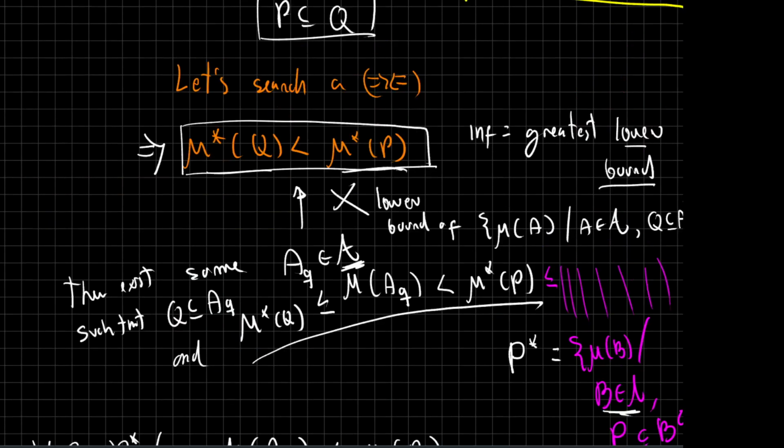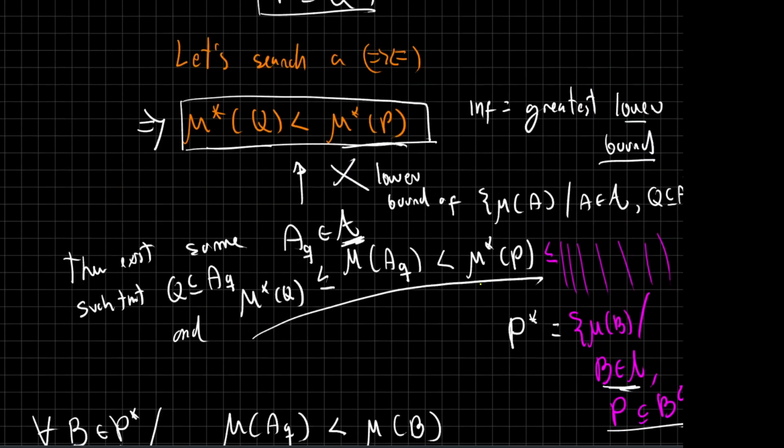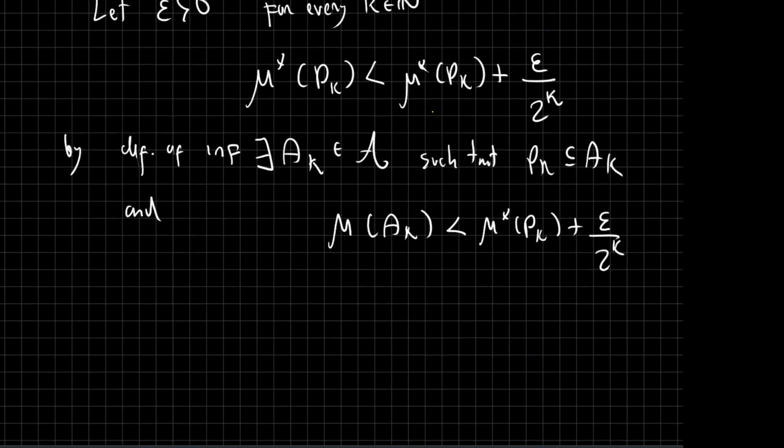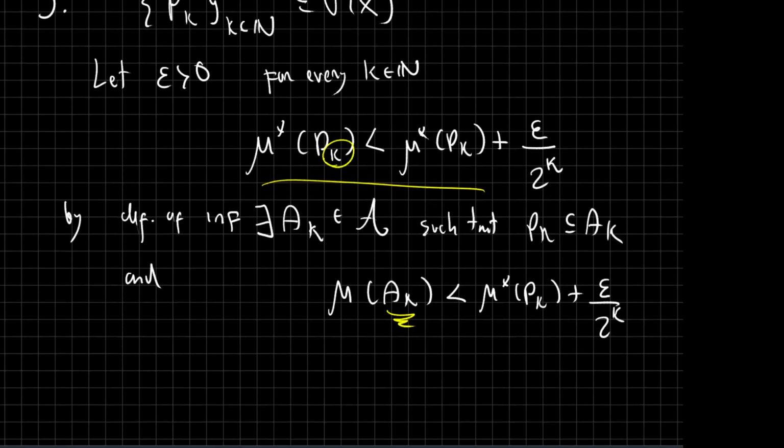It is the same argument that we used before to assert that there was some element here. Between these two there should be some element, which is now our Ak. So there should exist some A inside the sigma algebra, but since we are considering this index, we will maintain that index.